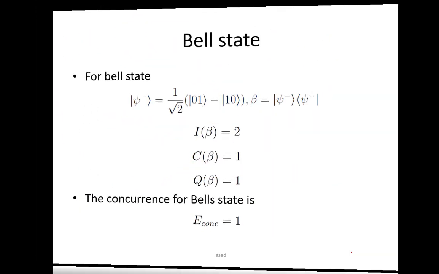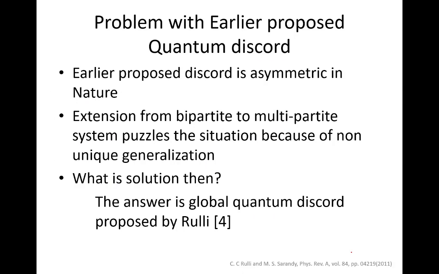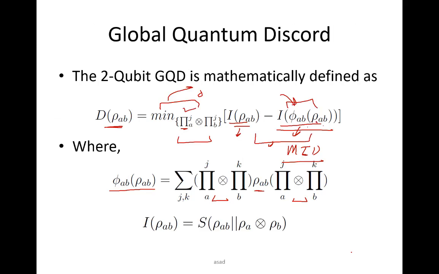So this is symmetric. Let me come back to the original point. This is the density matrix after von Neumann measurement on both parties. Now you have phi of AB.